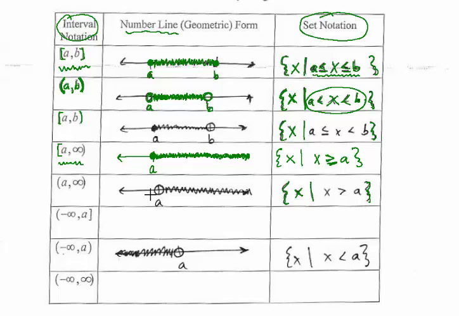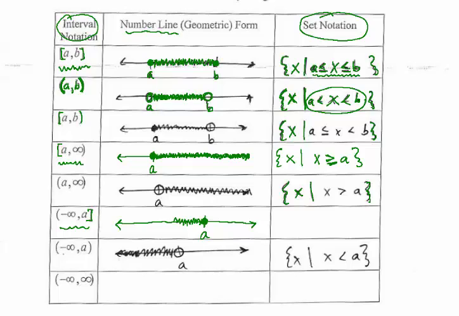Alright, and one more, we'll work this one out. Okay, from negative infinity to A, and so to represent this with a number line or geometrically, we would locate A. A has a bracket, so again, A would have a solid dot on the number line, and then from A to negative infinity, so we go to the left.